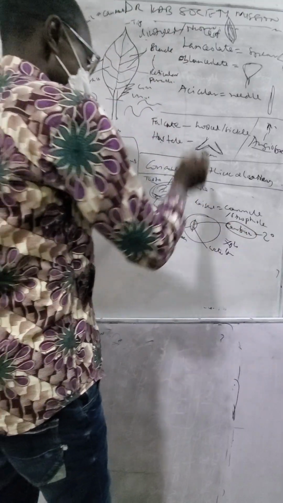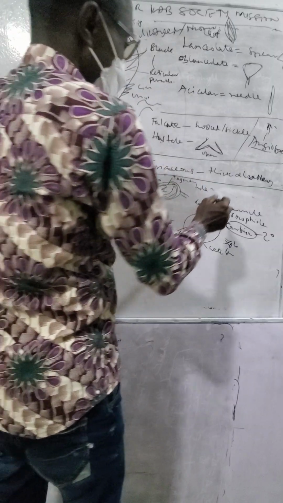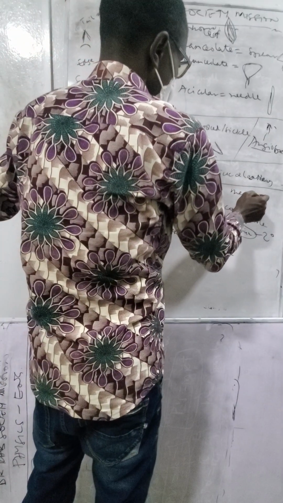Then the apical part will have what we call the meristem.